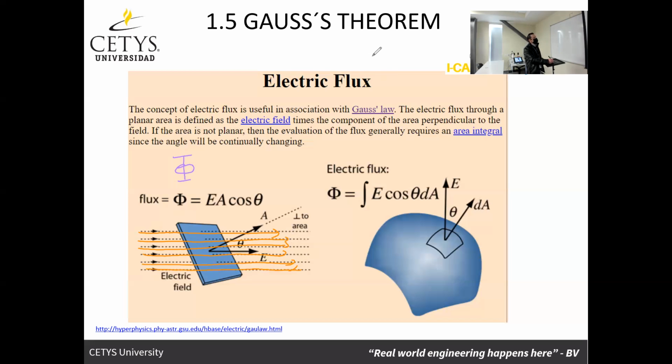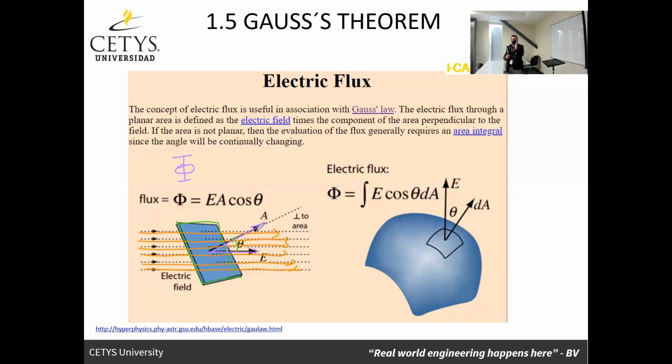And I place a certain surface here. And the surface has a certain inclination. So the only part of the electrical field that I'm interested in is the one that's perpendicular to the area. So if the electrical field is going this way, then the one that I'm interested in is the one that's going perpendicular to the area.